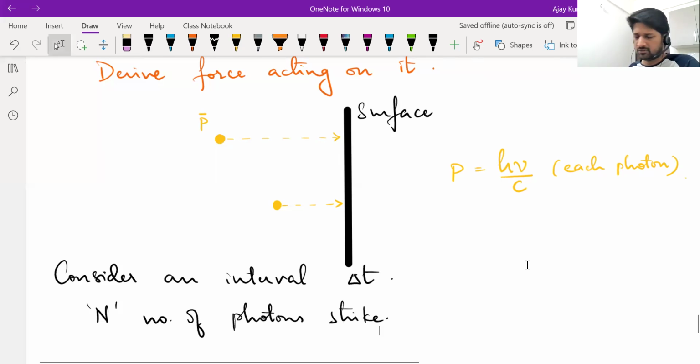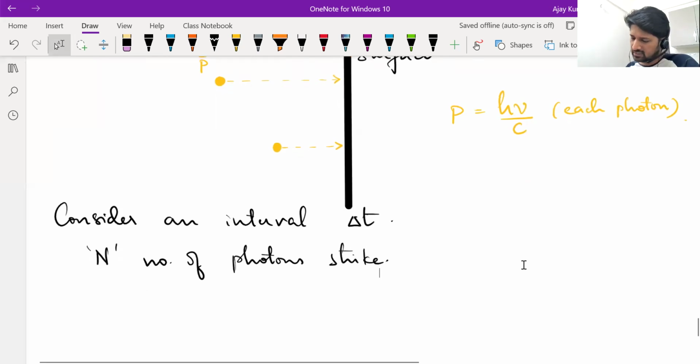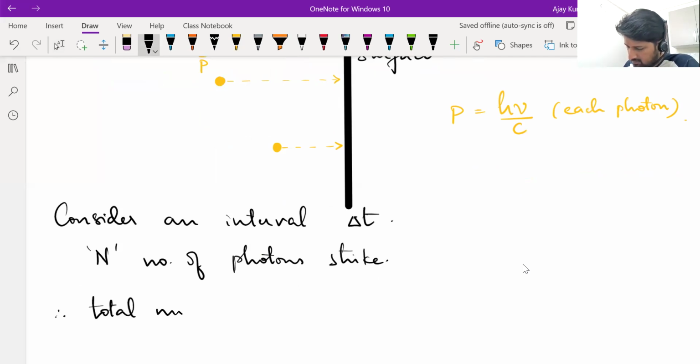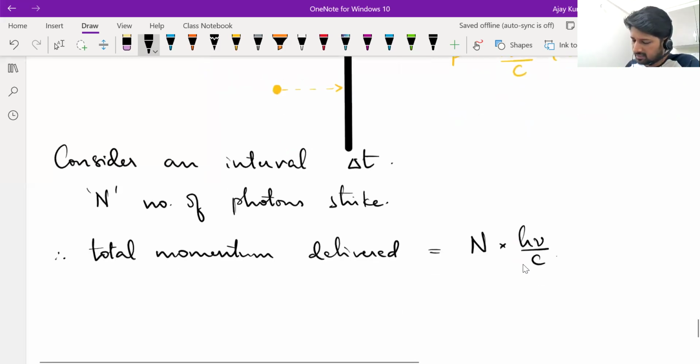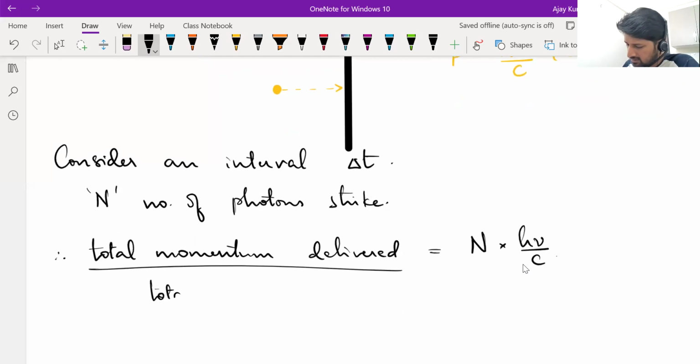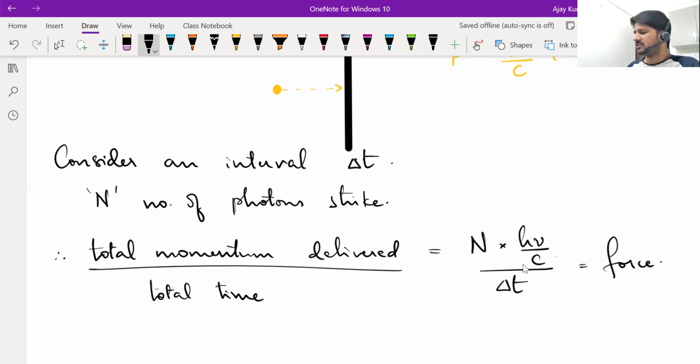In an interval delta t, capital N photons strike. That means the total momentum delivered to the surface will be capital N times the momentum of each photon, h nu divided by c. And this delivery happened in how much time? Delta t.